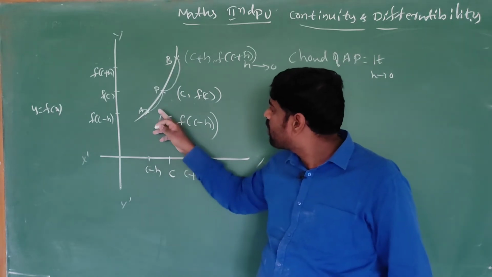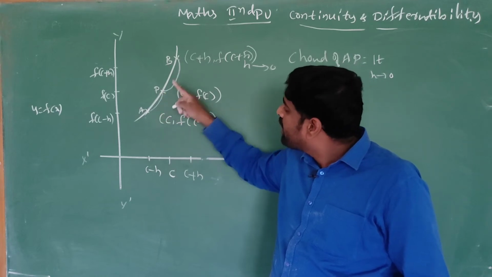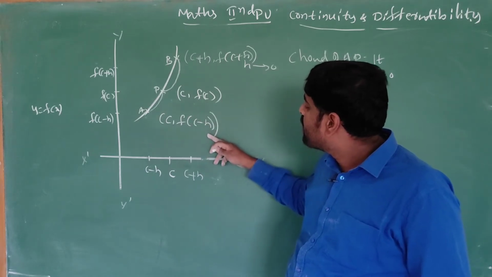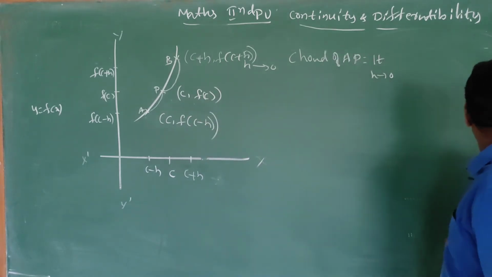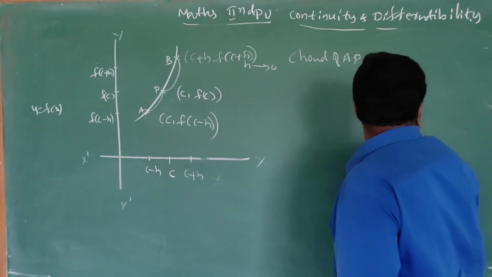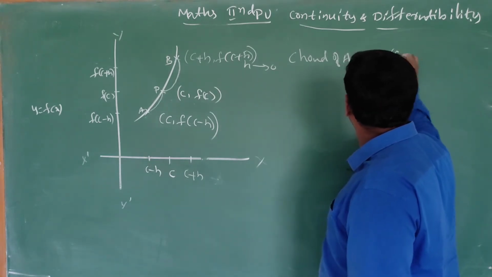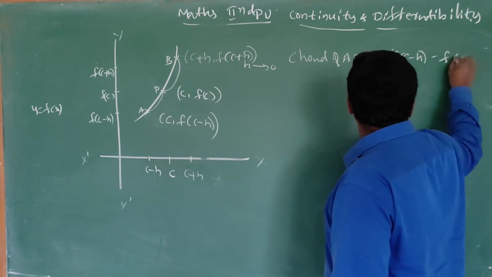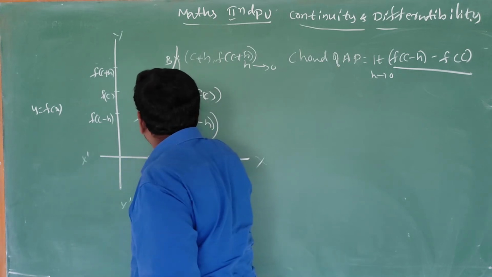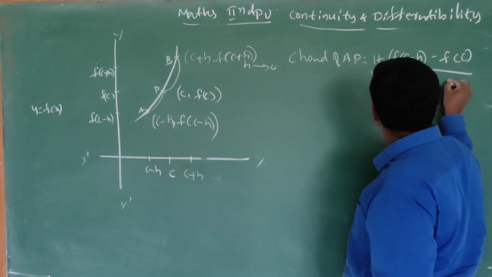Observe children, chord of AP, this is the common point for A and B. Now chord of AP equals f of c minus h minus f of c divided by c minus h minus c.